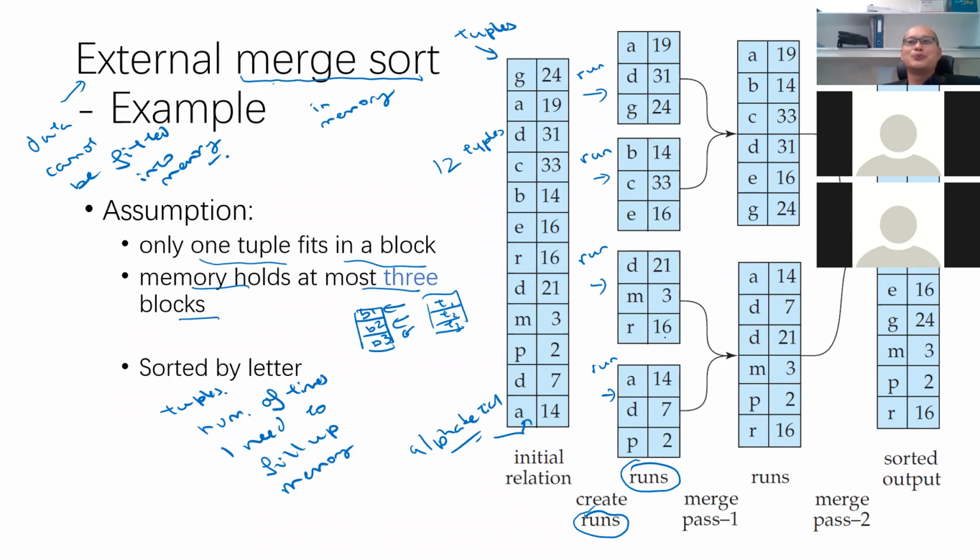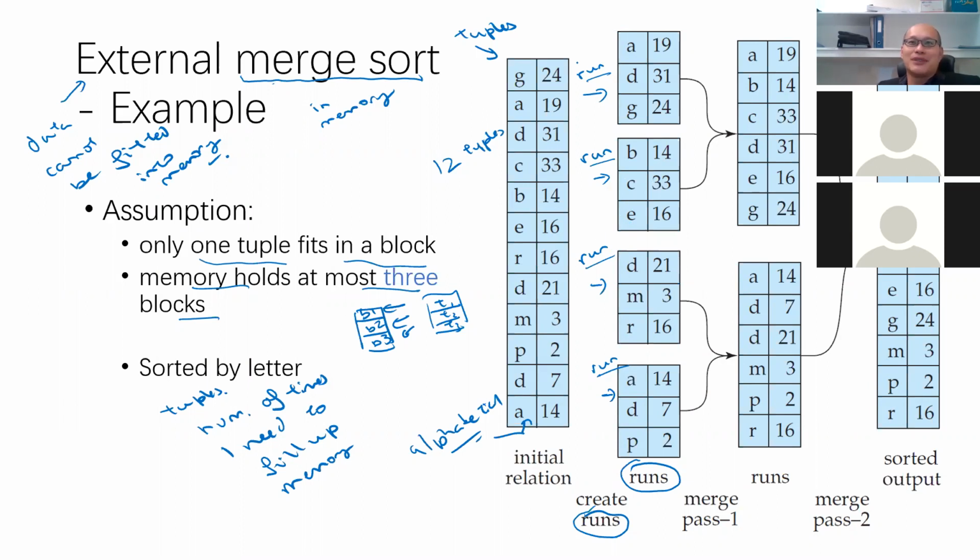Is this clear so far? The description of the run. My explanation is probably a bit funny, but the number of runs is the number of times you really need to fill up the memory in order to accommodate all the tuples.